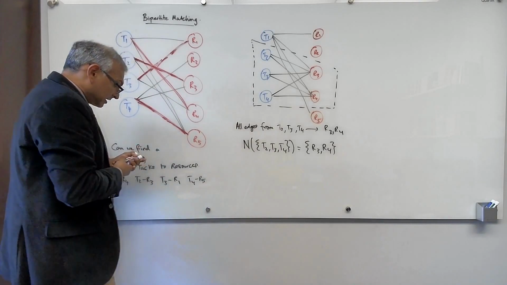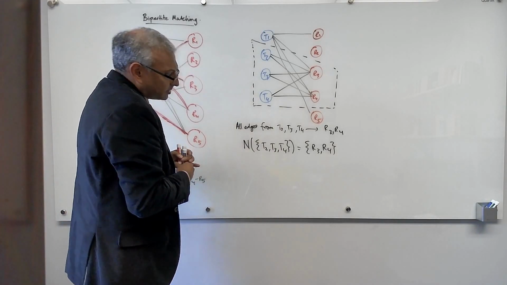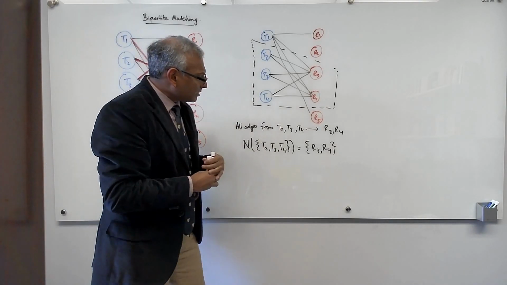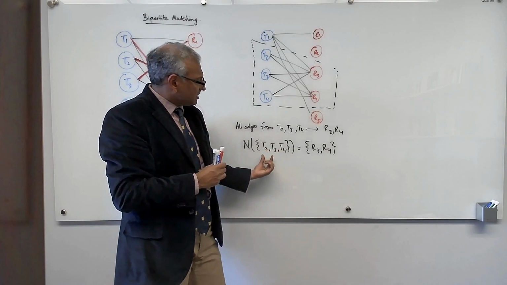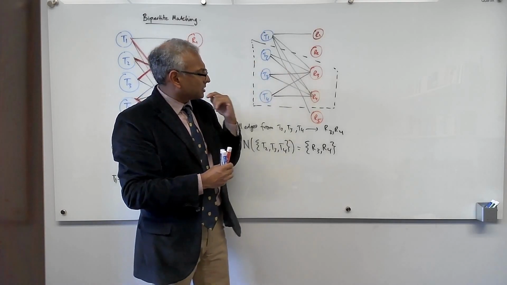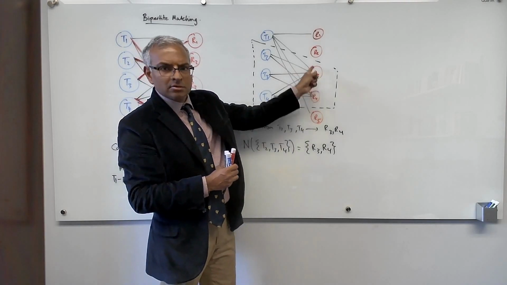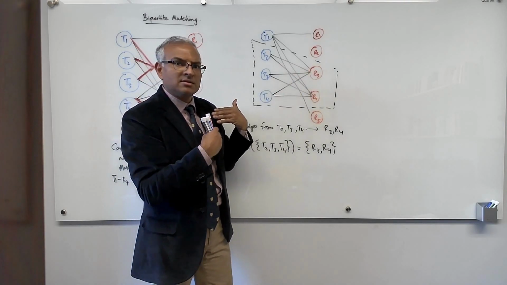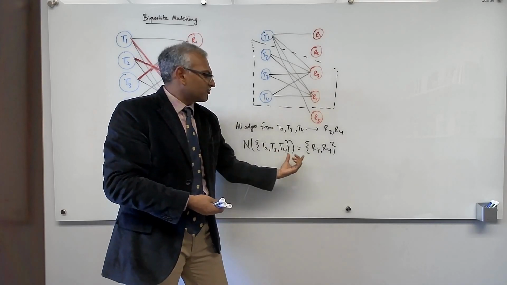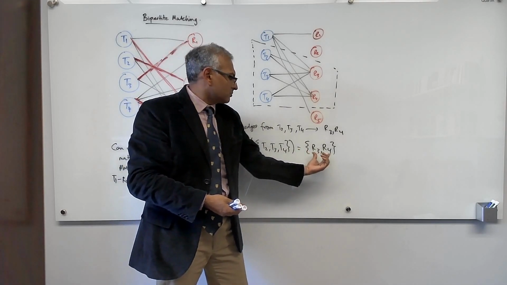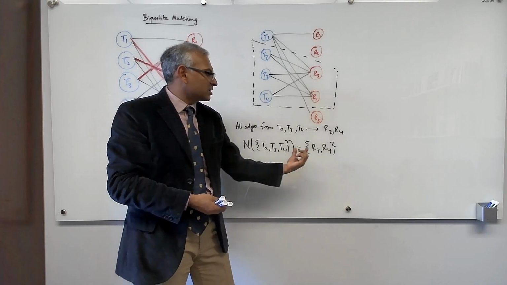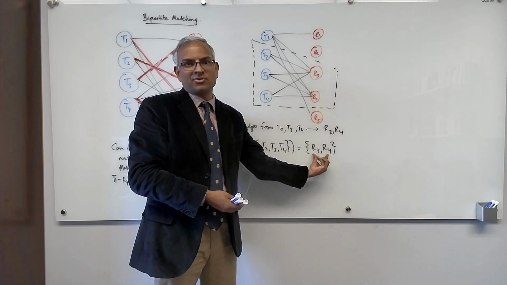Okay. And if you think about it a little bit, you'll say, well, this just means that all the edges from here go to here. So now if I'm going to match these guys, they can only be matched to the corresponding neighbors of that set. And if there are only 2 members in this set, well, then how am I going to match all 3 of those unless I'm allowed to reuse a resource?